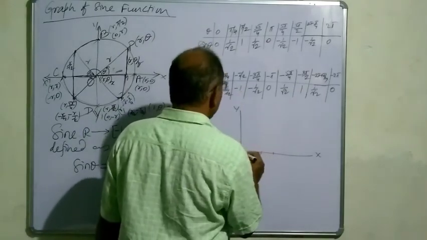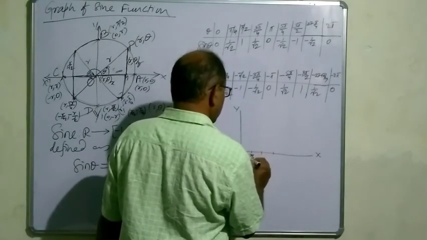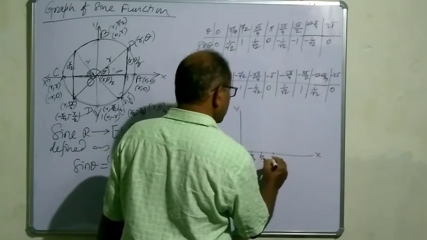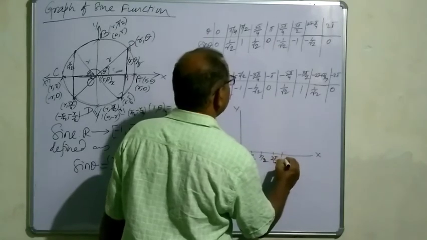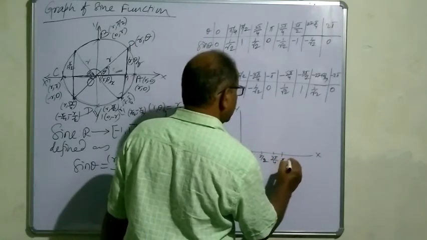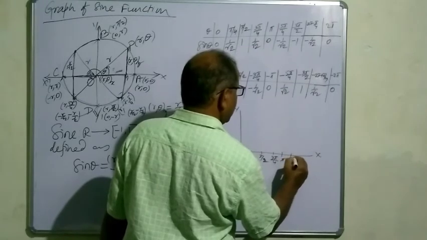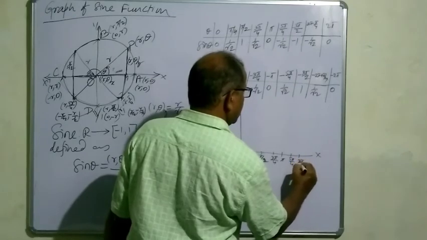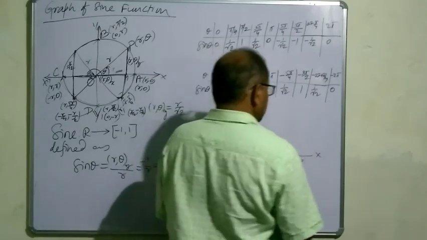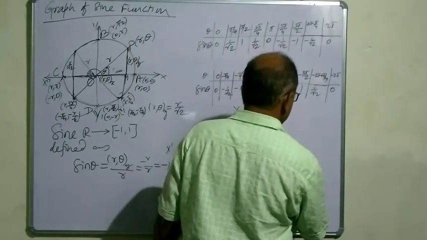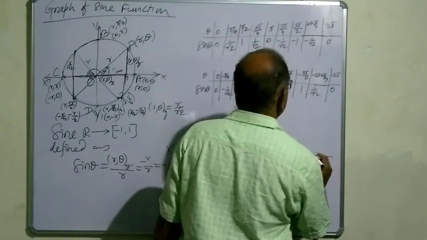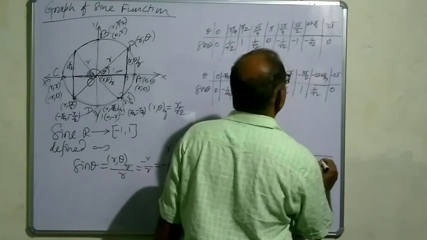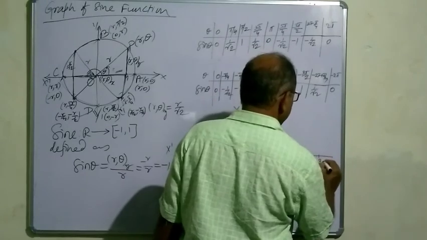I have taken 0, then pi by 4, pi by 2, 3 pi by 4, then pi, then 5 pi by 4, then 3 pi by 2, next 2 pi minus pi by 4, right, then 2 pi.